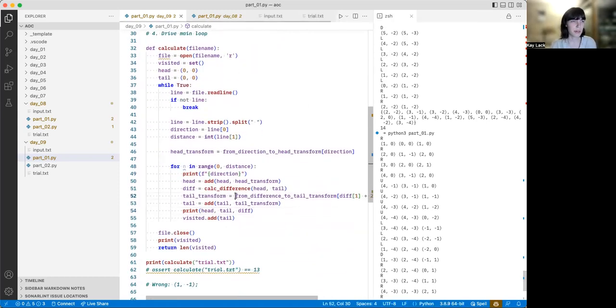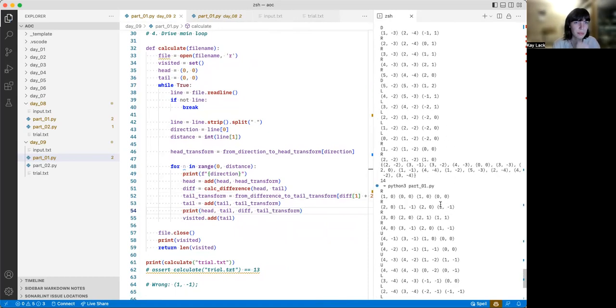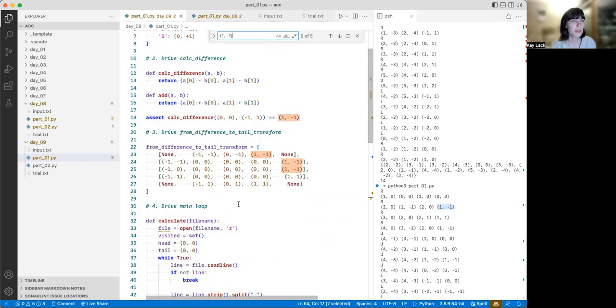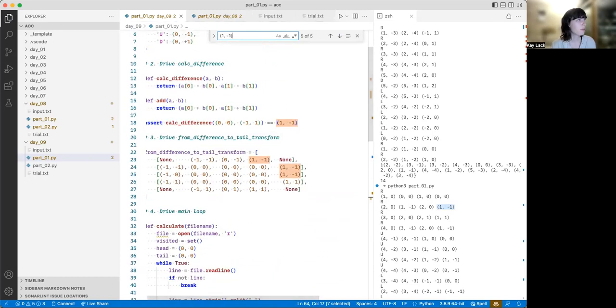Okay, let's look at the transform as well. We're definitely getting this. Where does that come from? Oh, that's not right. God damn it. I need to get this right.